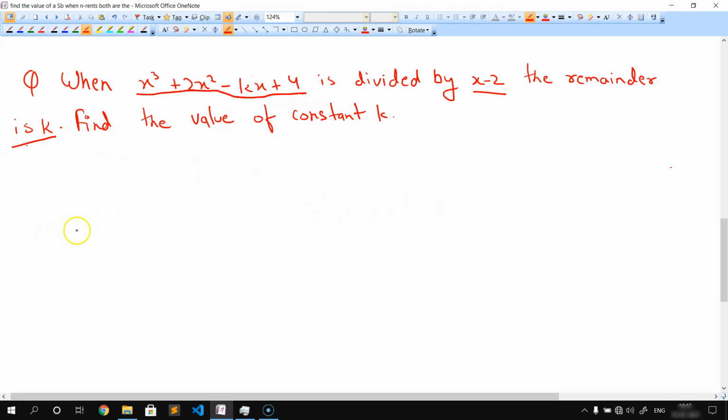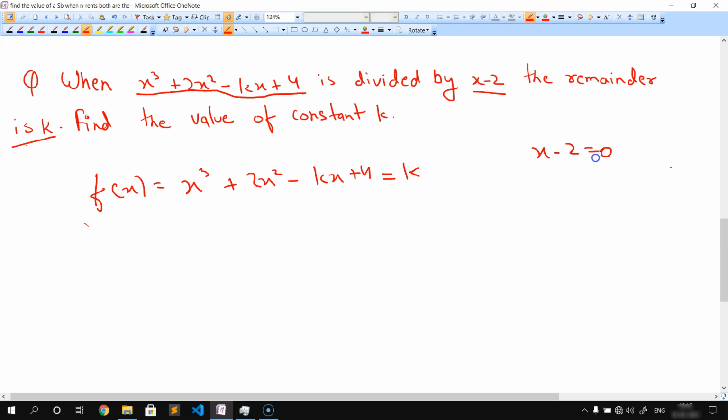So we will write this equation as f of x equals x cube plus 2x square minus kx plus 4 equals, its remainder is k, so we will write k on this side of the equal sign. If there was some number, we would have written that number here, but here it is given k, so we write k. Now let's find the value of x.